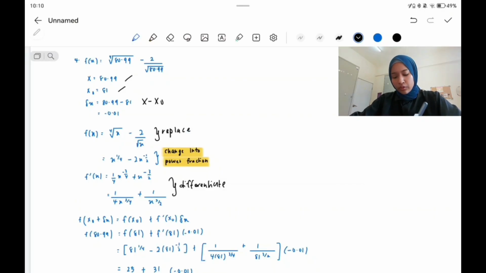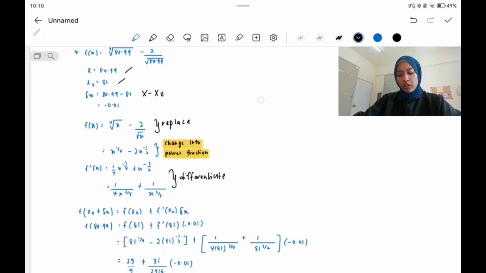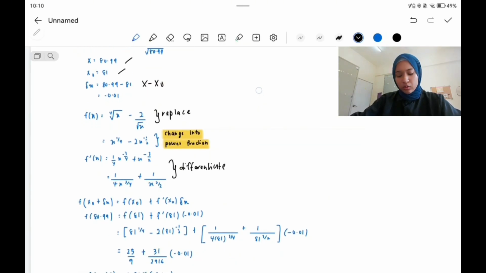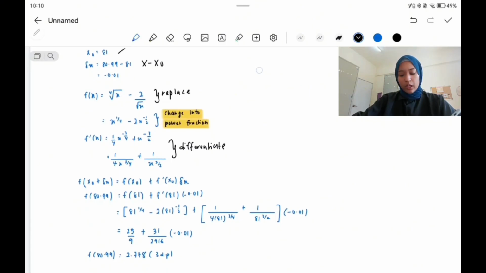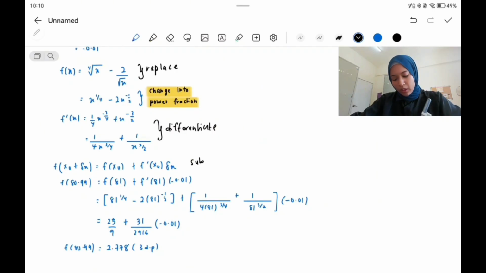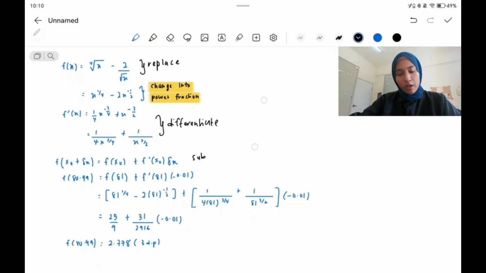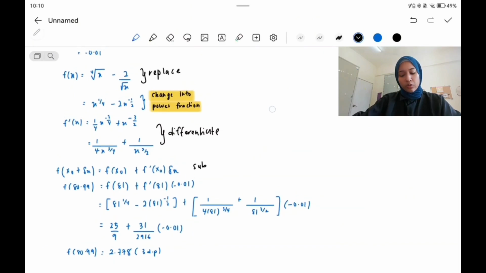And then we replace 80.99 with x, and we get the fourth root of x minus 2 over the square root of x. The next step is to change into power fractions, and we will get x to the power of 1 over 4 minus 2x to the power of negative 1 over 2. Next we differentiate the function, and then we substitute the information into the formula, which is f(x naught plus delta x) equals f(x naught) plus f prime (x naught) delta x.